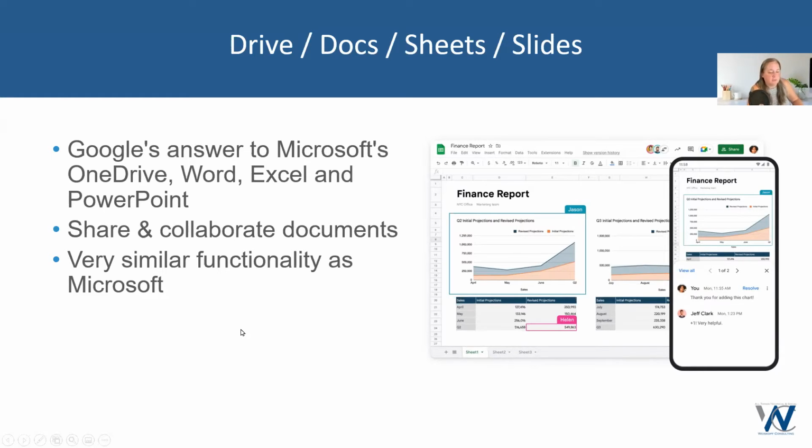With the Google Suite, or the Workspace, I should say, it has options, and you can see on the screenshot, like you can make a pretty chart and stuff like that. It's a little bit clunkier than Word, Excel, or PowerPoint. So it's different. If you're very used to Microsoft, this is a little bit different, fewer options.